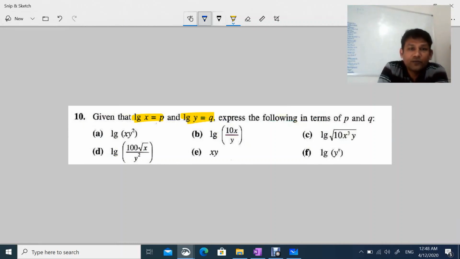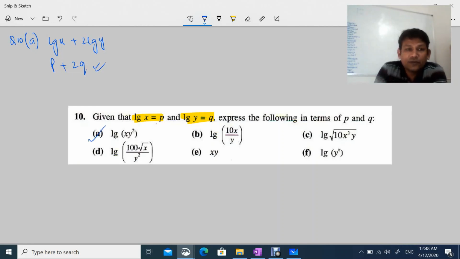I am moving to the first part, question number 10, part A. lg x plus 2 lg y, because this 2 will become the coefficient. lg x is p and 2 lg y is 2q, and that's your answer. In this situation we have a difficult part here, and these two are the difficult parts. I think you can do it.